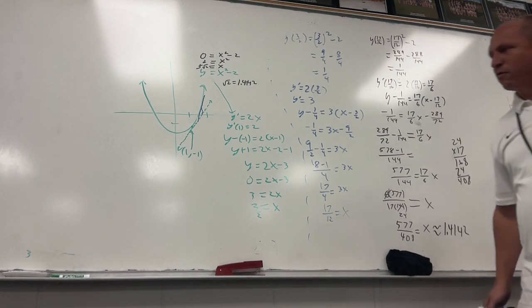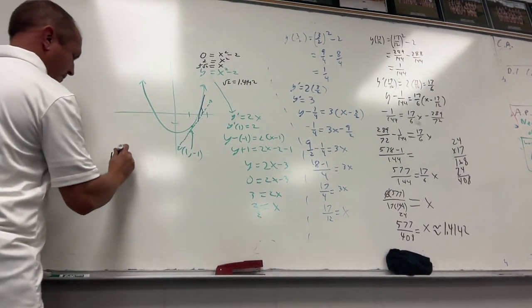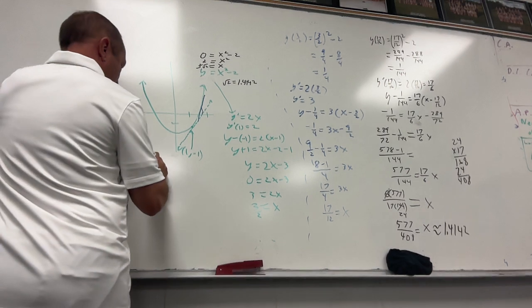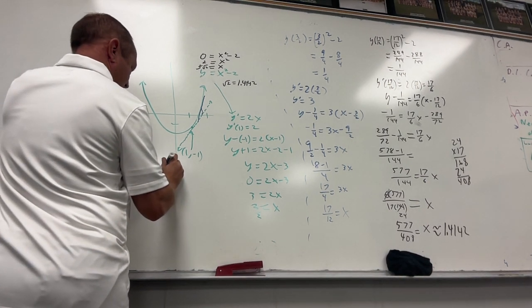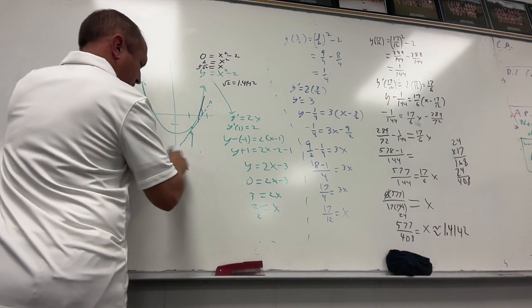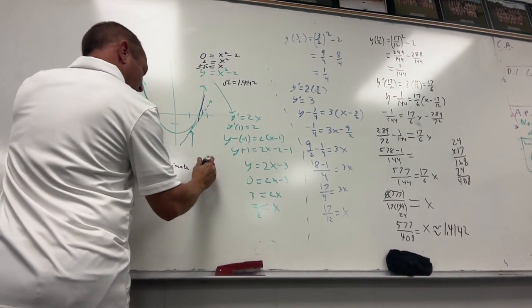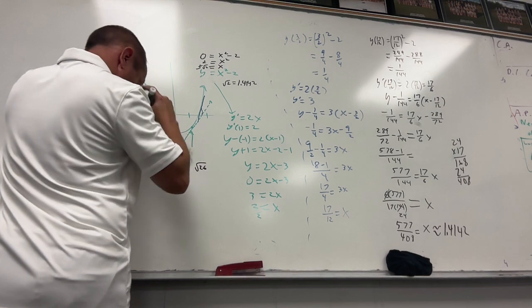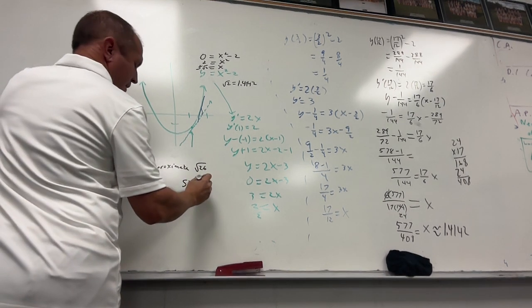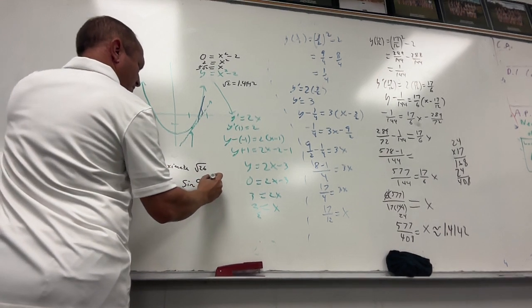Okay. So for homework, we are going to approximate the square root of 26, the sine of, let's go with 93 degrees.